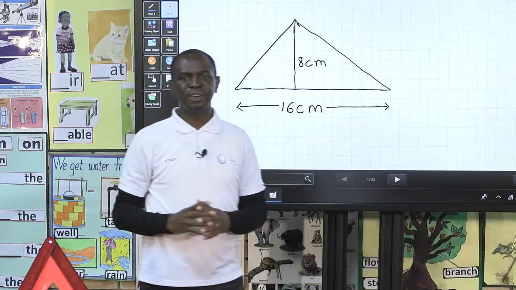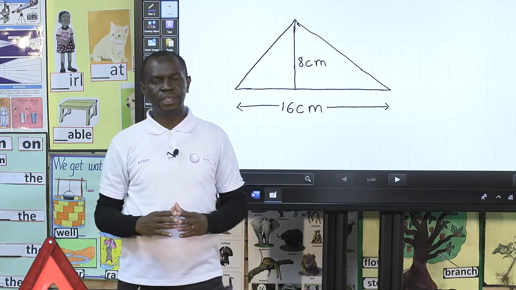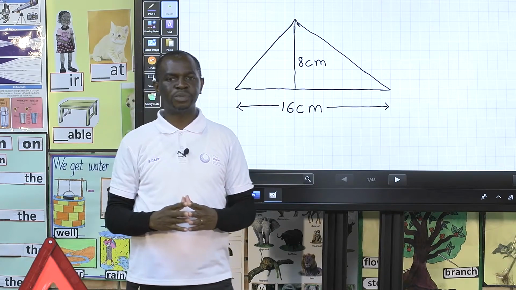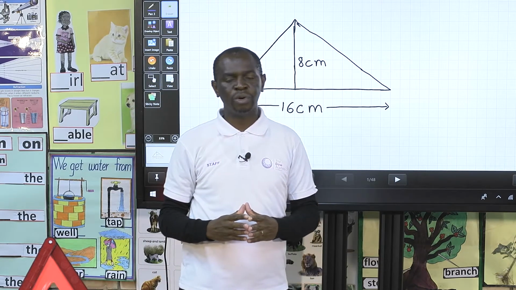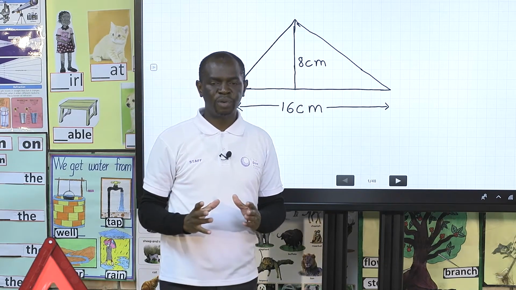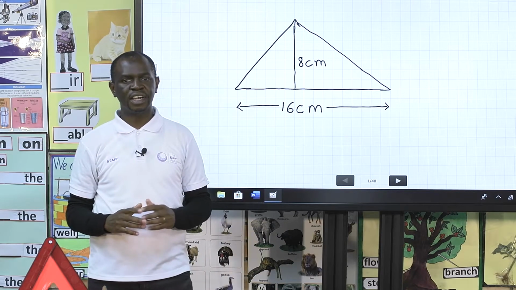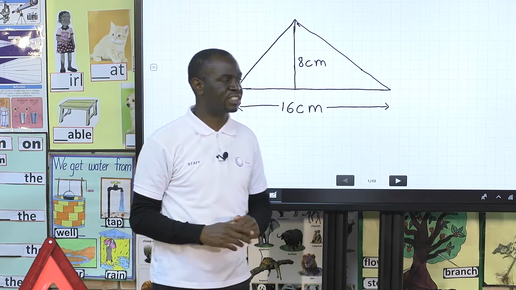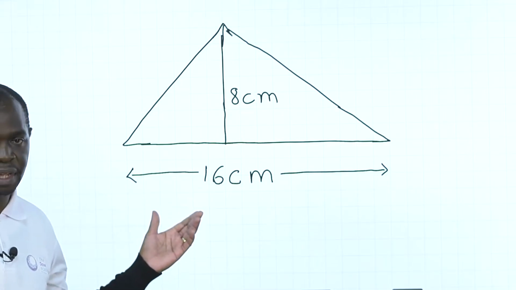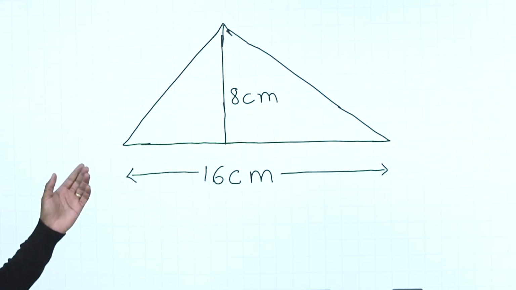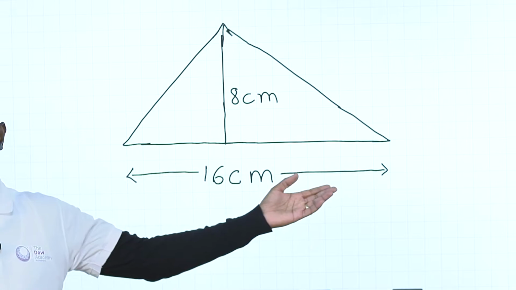All right, boys and girls, we are now at a stage when we are supposed to calculate the area of a triangle. And I want you to pay attention and see how far we can go with our calculations. So on the board here, I have my triangle and the base is 16 centimeters.